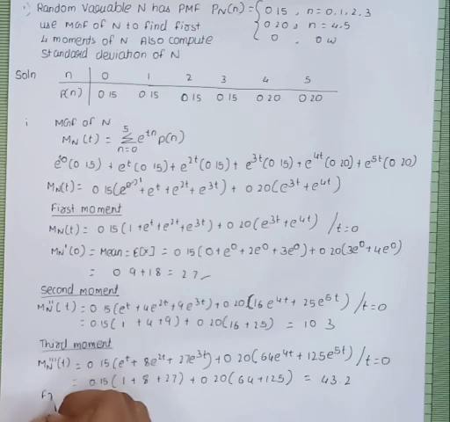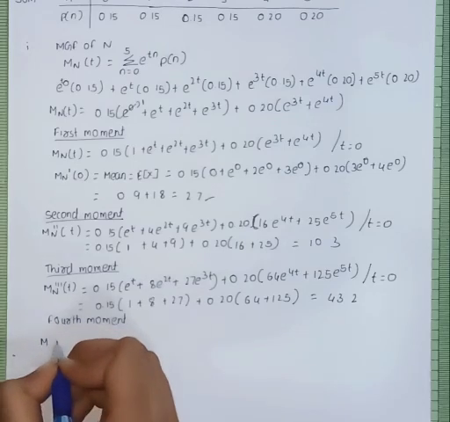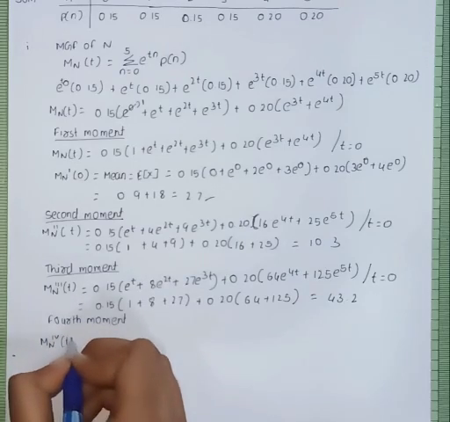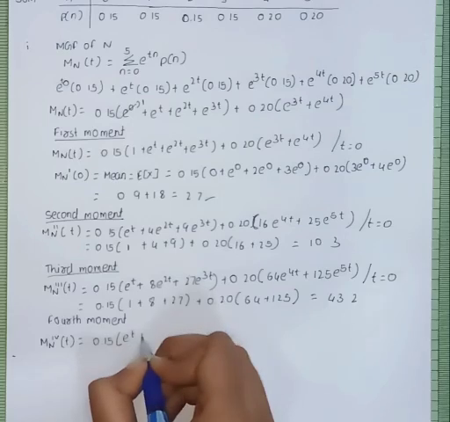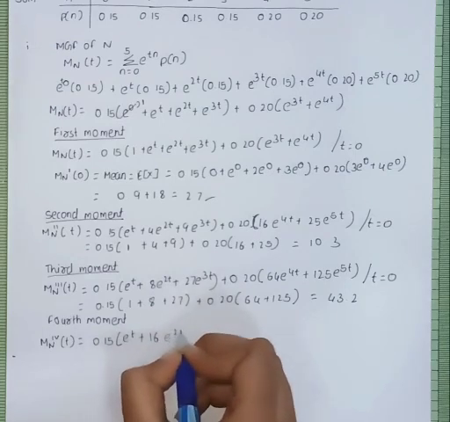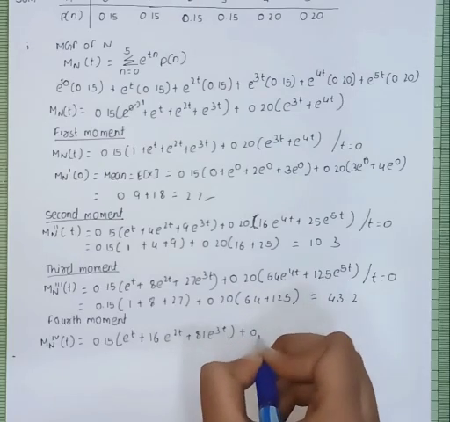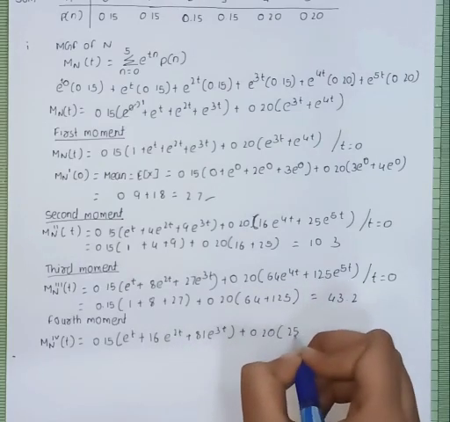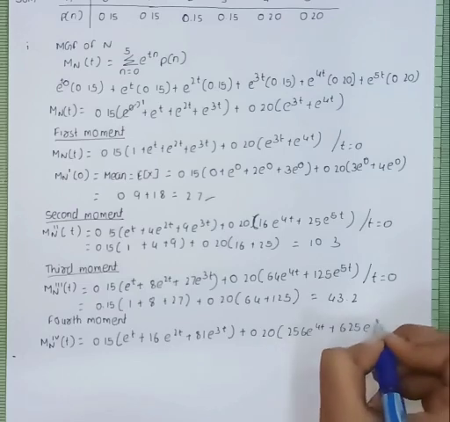Now the fourth moment. In the same way we will do a fourth differentiation, that is 0.15 into e power t as it is, then 16 e power 2t plus 81 e power 3t, bracket close, plus 0.20 into 256 e power 4t plus 625 e power 5t.